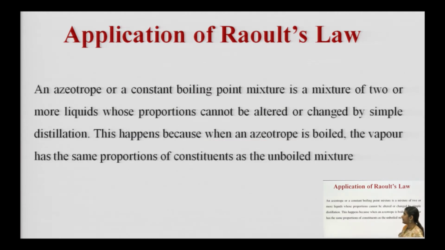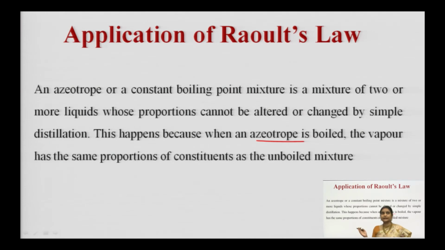Then in some cases, two liquids start to boil at a constant boiling point. This is a mixture of two or more liquids whose proportion cannot be changed by simple distillation, and they behave as azeotropes. We cannot separate them by simple distillation. Why?